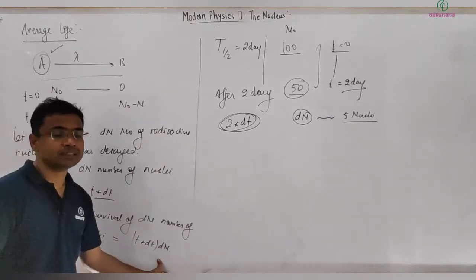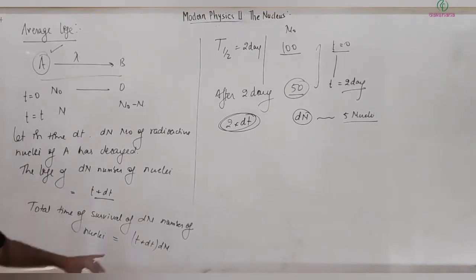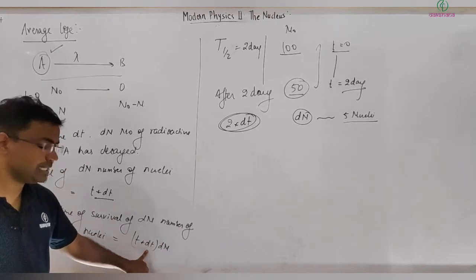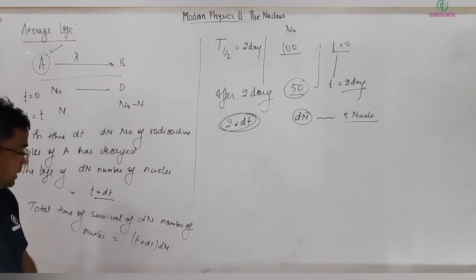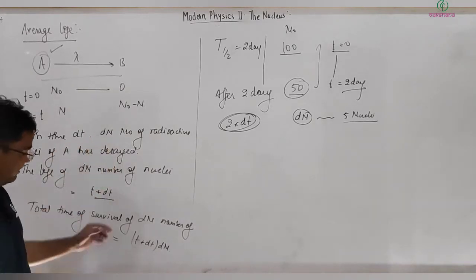Is it clear? So we can write the total time of survival of dn number of nuclei as T plus dt multiplied by dn, right? Just wait one second.